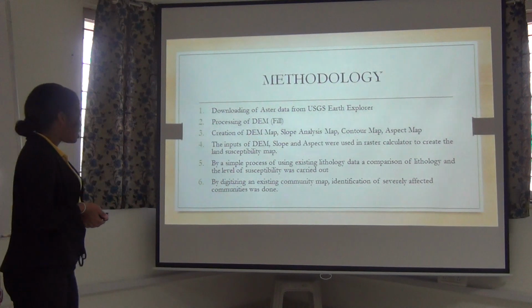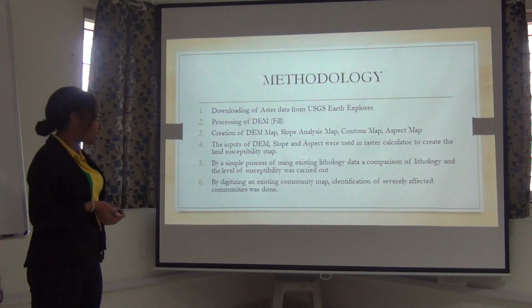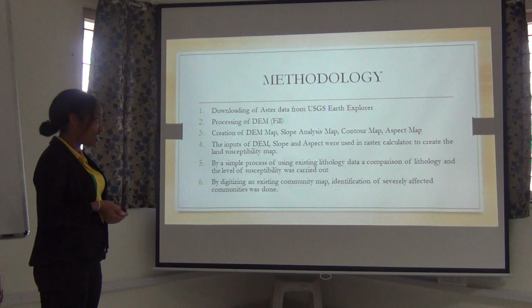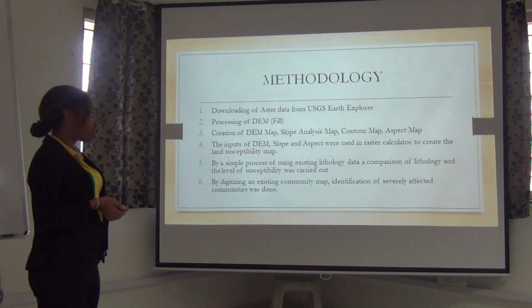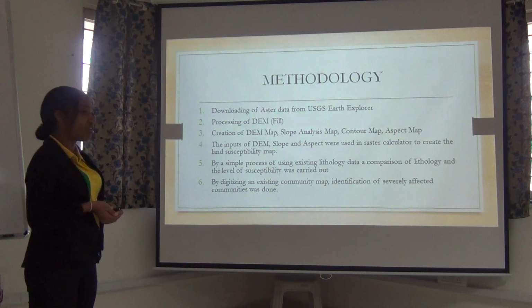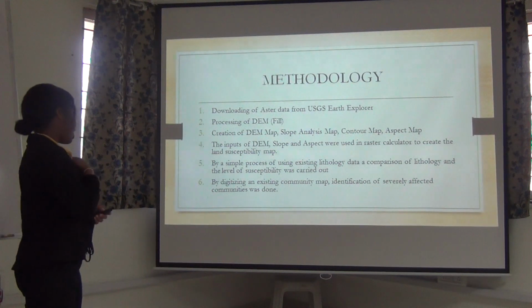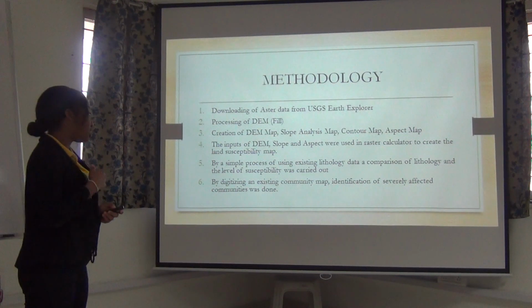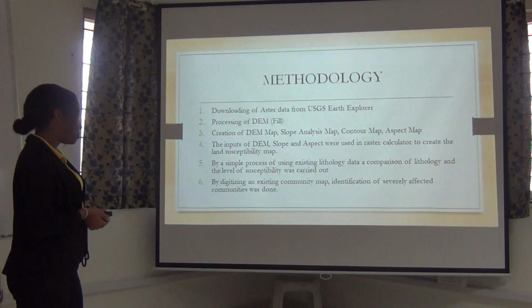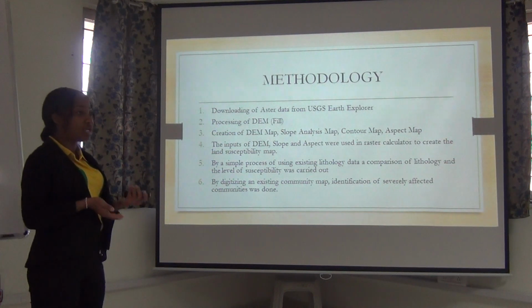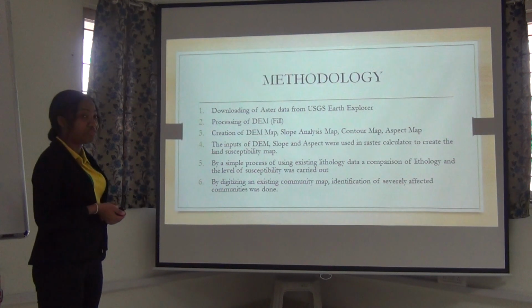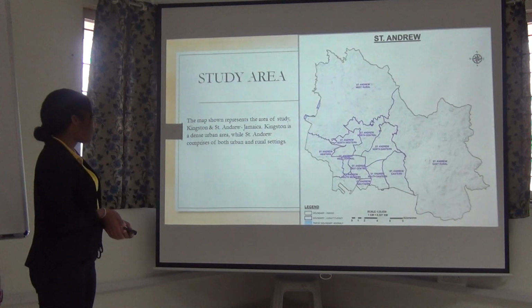By a simple process of using already existing lithology data, a comparison was done between the lithology and the level of susceptibility. And by digitizing existing communities within Kingston and St. Andrew, I was able to overlay layers to identify the severely affected communities.